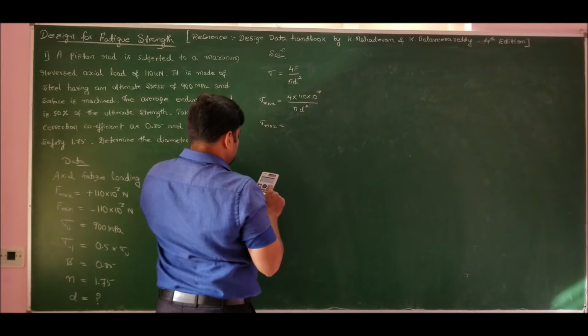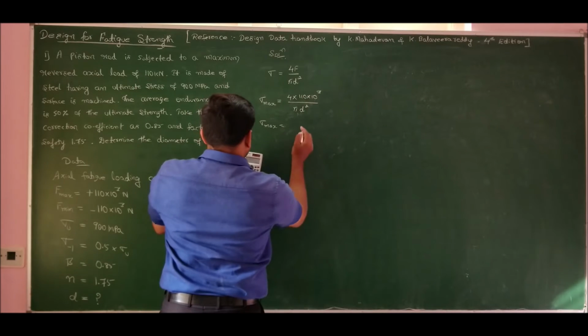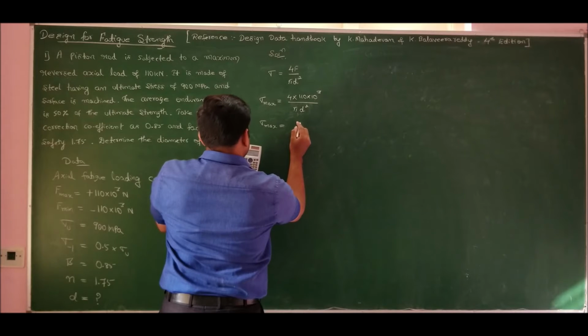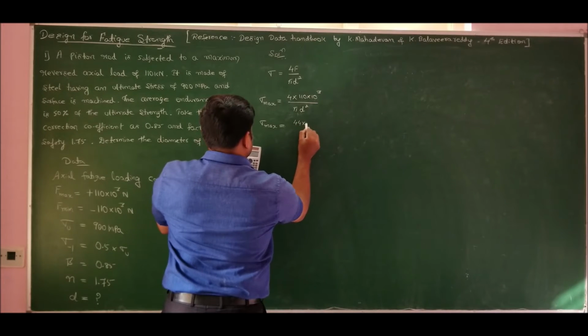To avoid rounding errors, I'll keep the unknown as pi d square. So I'll get 44 into 10 to the power of 4 divided by pi d square.